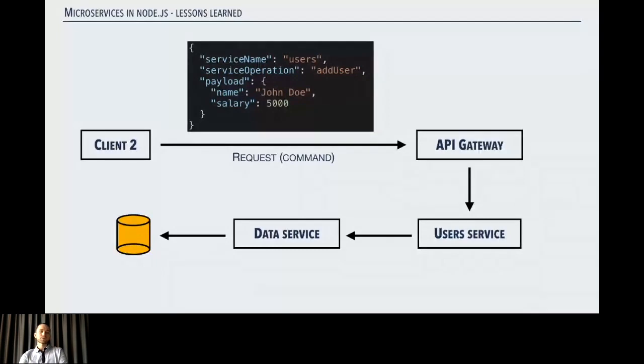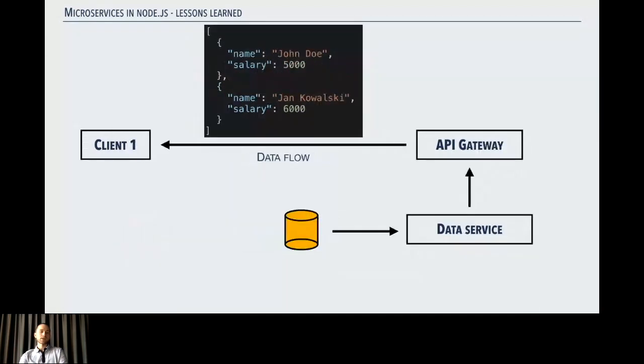It goes through all of our microservices, especially through our data service, and once the user was added to our system, the first client gets a data flow with all the updates that were made to the system. So there is John Doe added with his salary.